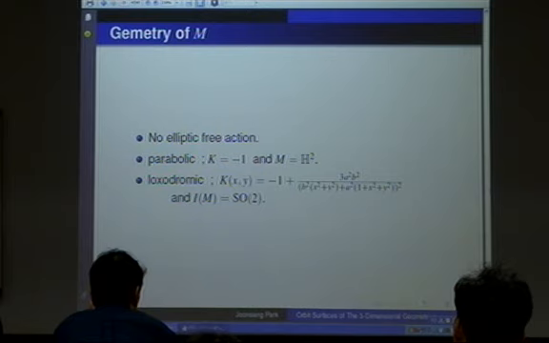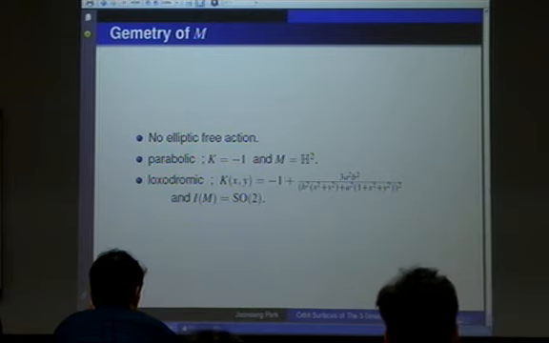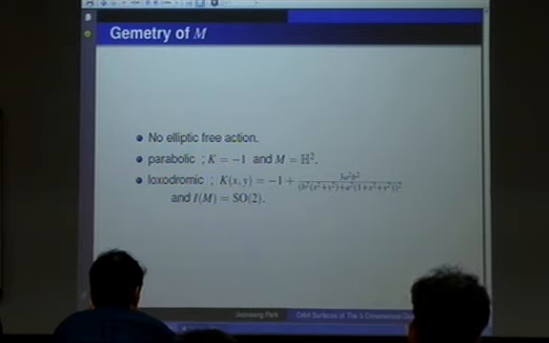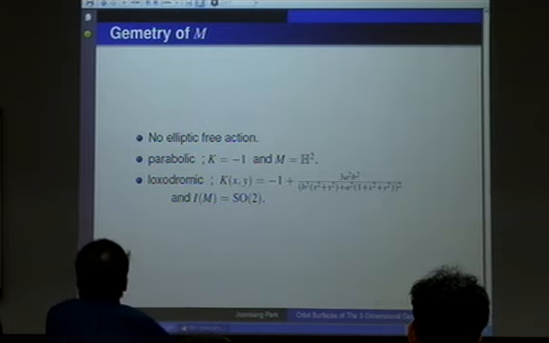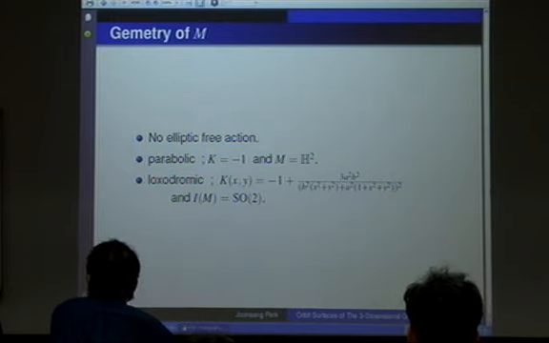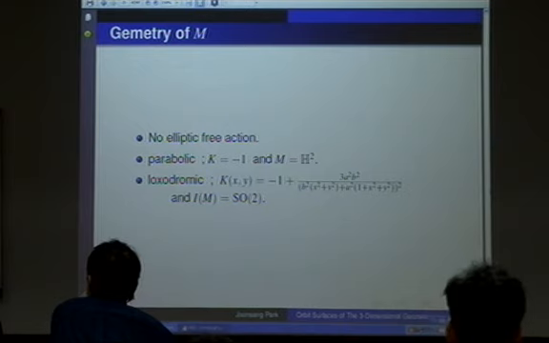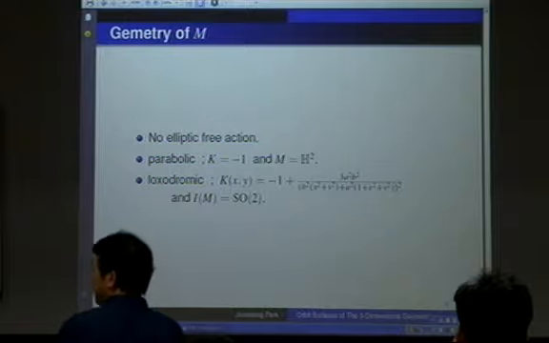For the loxodromic case, the curvature function is very complicated, and it also has the SO3 symmetry. So up to here, I tried to get all the possible two-dimensional surfaces given out of the 8-dimensional geometry using the one-dimensional closed subgroup. Okay, that's what I thought.